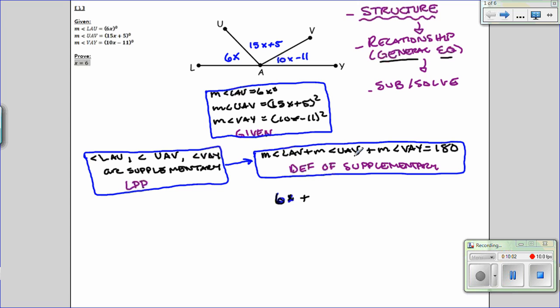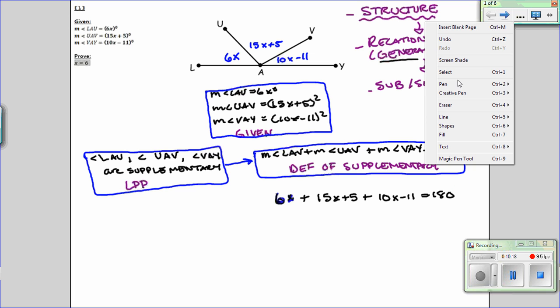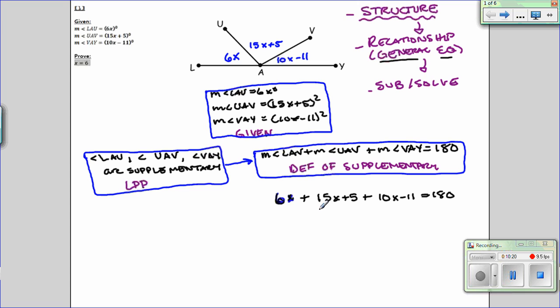And then the measurement of angle VAY is going to be 10x minus 11. It's a direct replacement. That's still going to be equal to 180 degrees. If I'm looking for a justification, that should be pretty easy to find. That's just going to be substitution. To substitute is to take out one thing and replace it with a like value or like expression in this case.